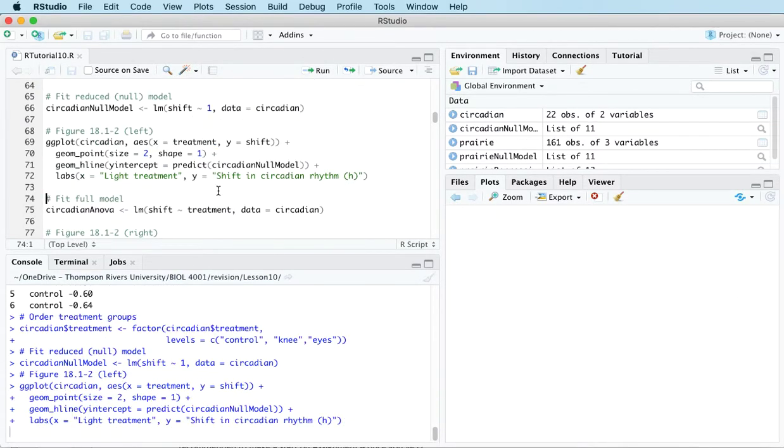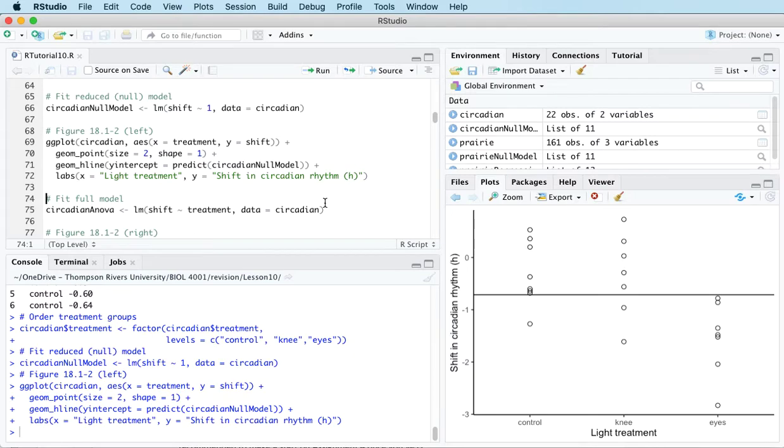And then I'm going to draw a picture of the data and a line representing that null model. So here we can see the response variable is the shift in circadian rhythm in hours, and my predictor variable is on the horizontal axis. I've got the light treatment with 3 levels: control, knee, and eyes, and we can see the data points here.